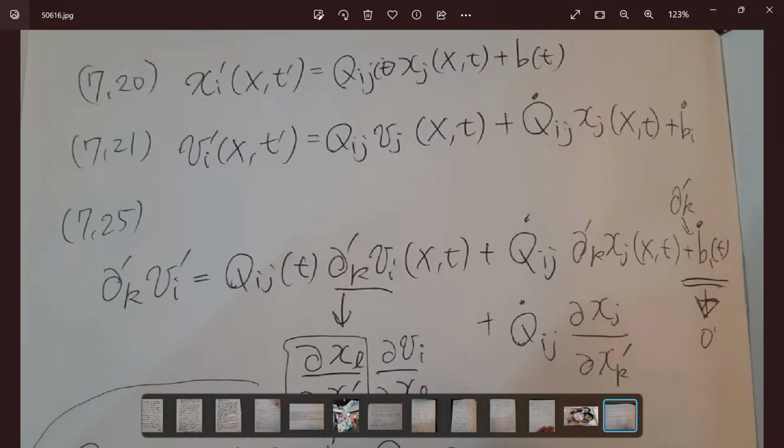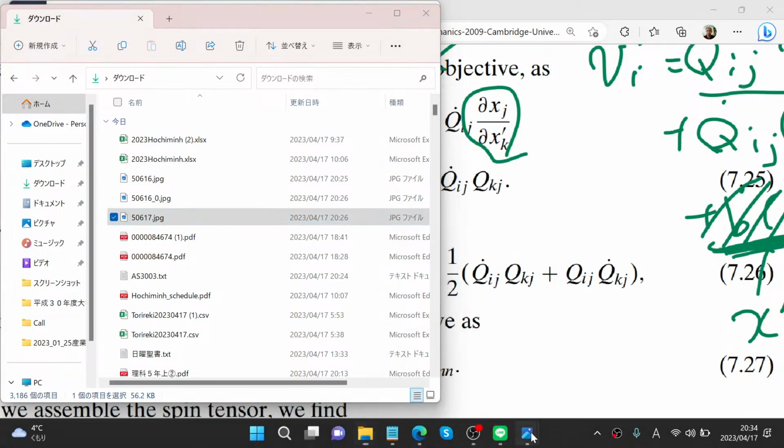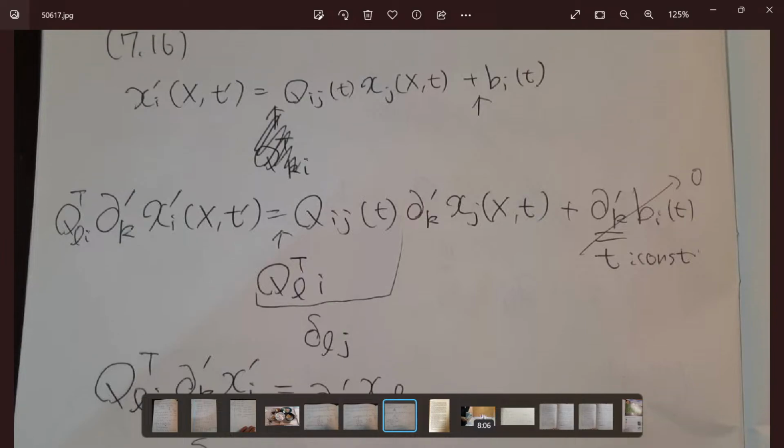Then we did the partial k prime derivative. So now we do the partial k differentiation directly on xi, partial prime, right?